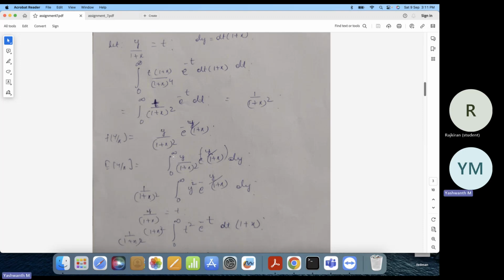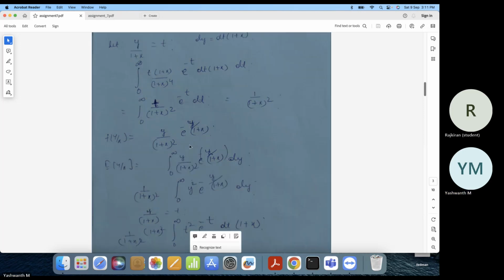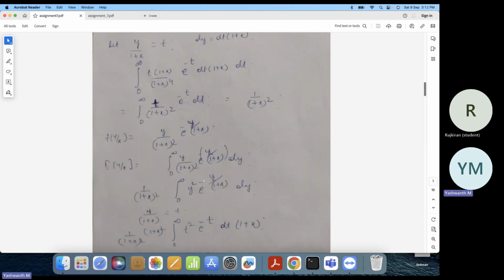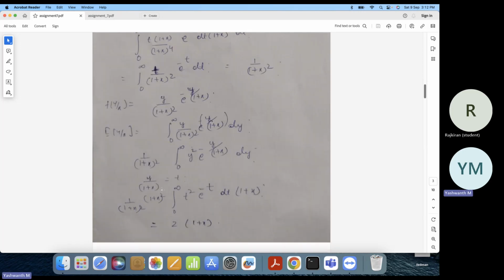So ideally, there should be y here. I just missed a y in this line. Y times y. So again, by change of variables, you end up getting 2 into (1 plus x). So remember, this integral evaluates to 2.